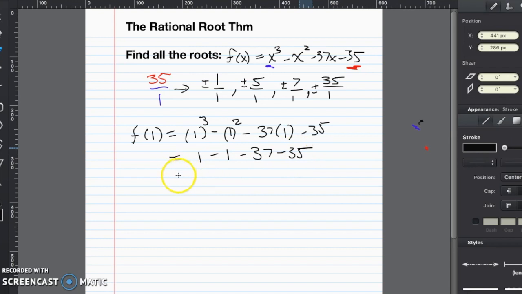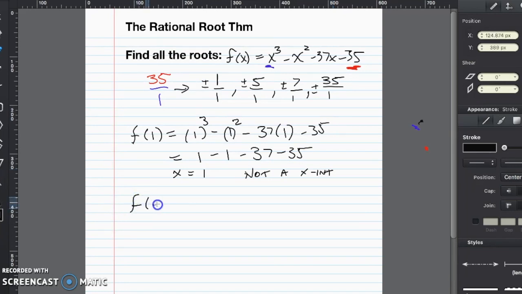So I'm going to say that x equals 1 is not a root. It is not an x-intercept, to keep things consistent.